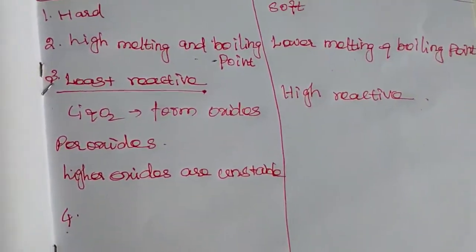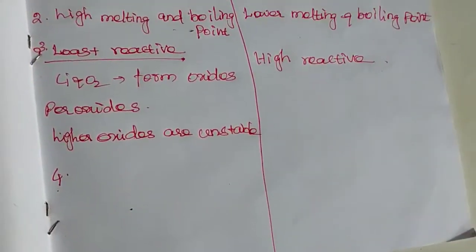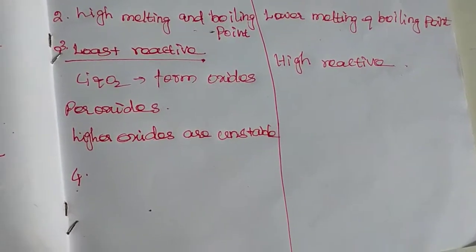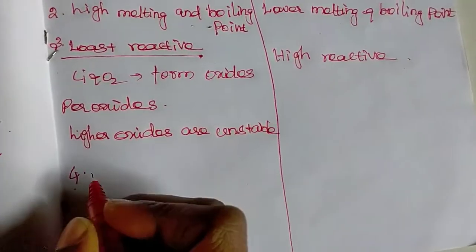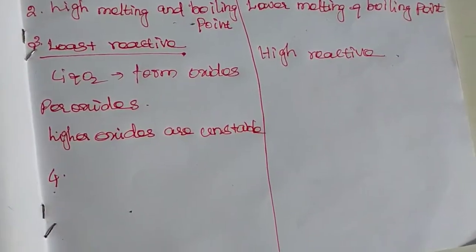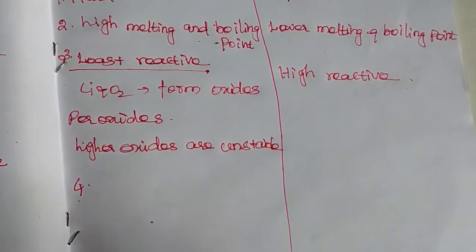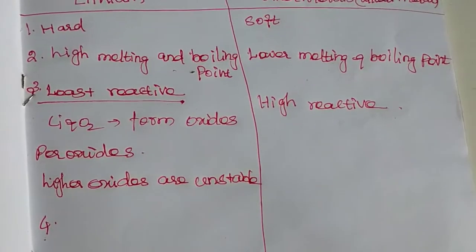Next character, lithium reacts with nitrogen and produces lithium nitride. Lithium is the least reactive one, but the other metals are highly reactive.